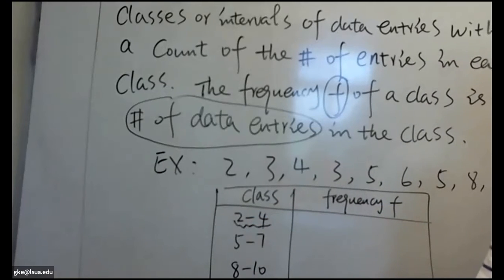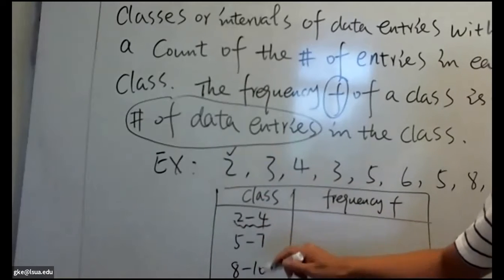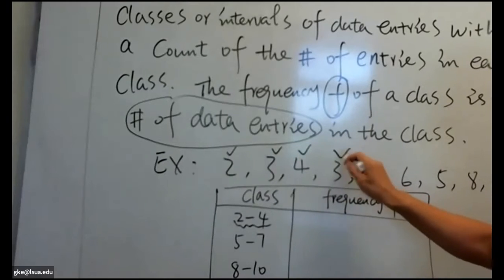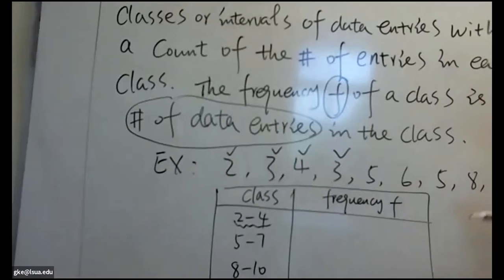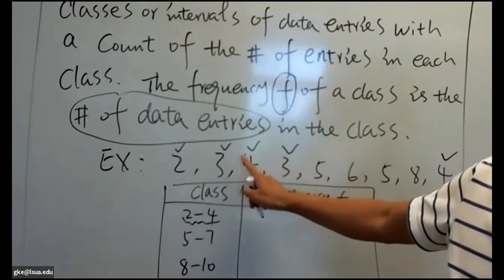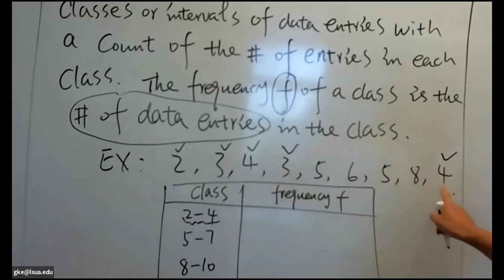This one is between 2 and 4, this one, 4, 3, and the last one is 4. So we can count: 1, 2, 3, 4, 5. That means the frequency equals 5.